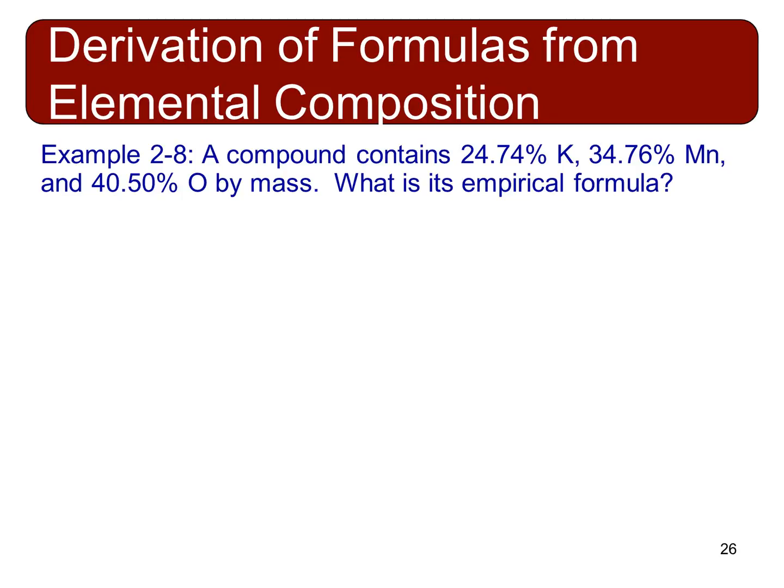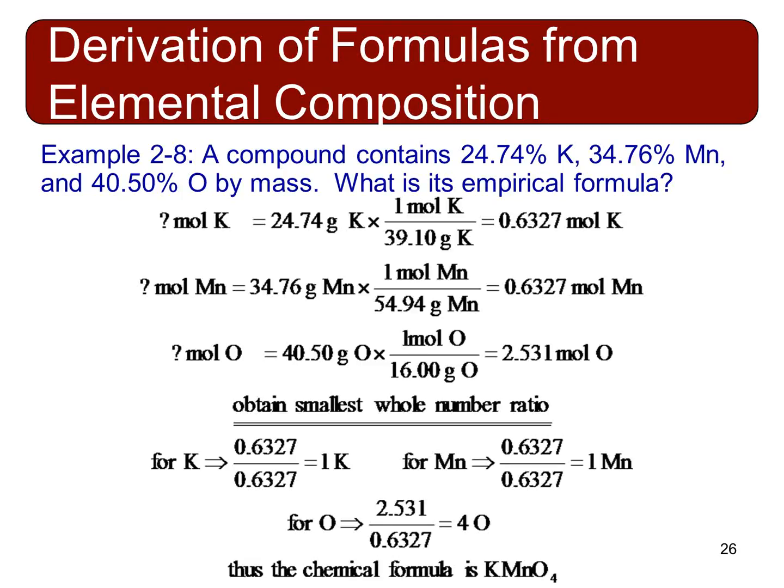Okay, we're given that, this is a lot here, we're going to walk through each step. We're given that from that experiment, they found that the compound is 24.74% potassium, 34.76% manganese, and 40.5% oxygen by mass. A percentage just means that it's some part out of 100.